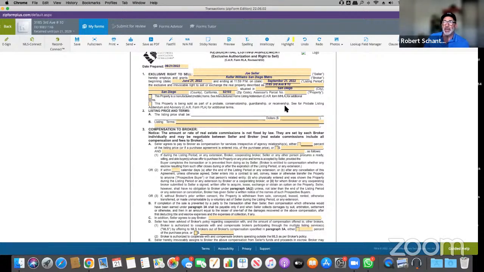In my mind, you can take it as long as you need, based upon how long you think it's going to take to get the listing sold. If you take a listing that you know is overpriced and the seller is adamant for that price, but you know you're going to have to work on some price adjustments down the road, then take it for 6 months.